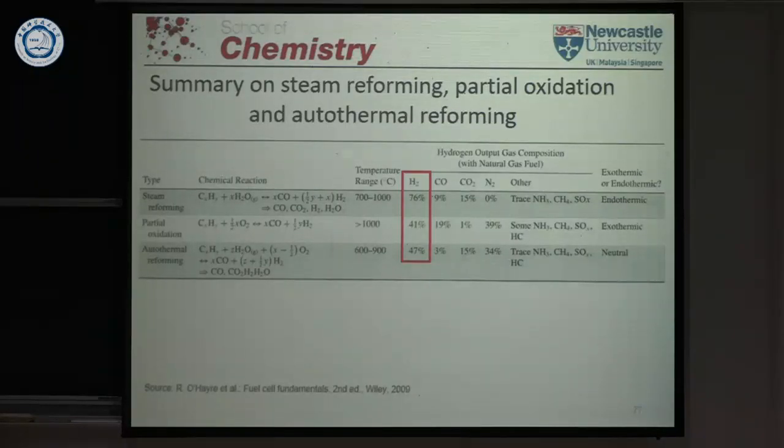When you have any kind of heat source from other processes, waste heat, and you don't know what to do with that, steam reforming is a very good reaction, because it has a very high efficiency. You can see here, in comparing these three, that the yield in hydrogen for steam reforming is much higher than for the other reforming.